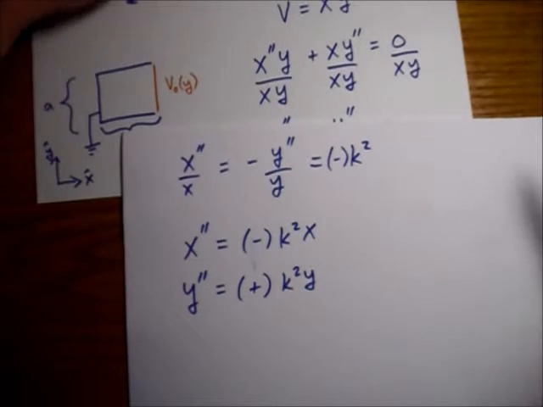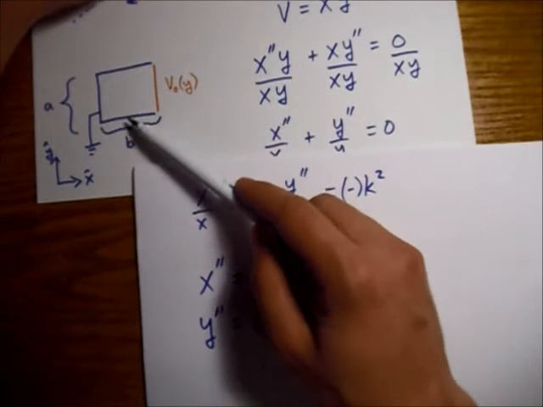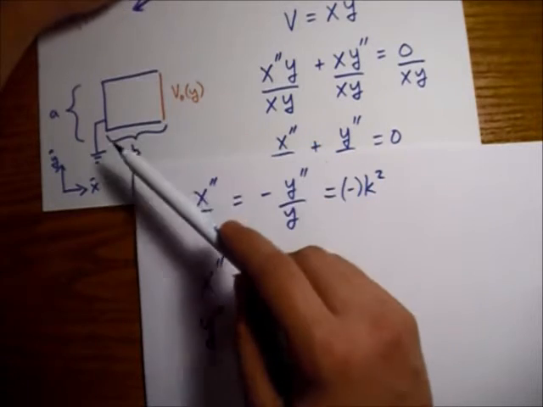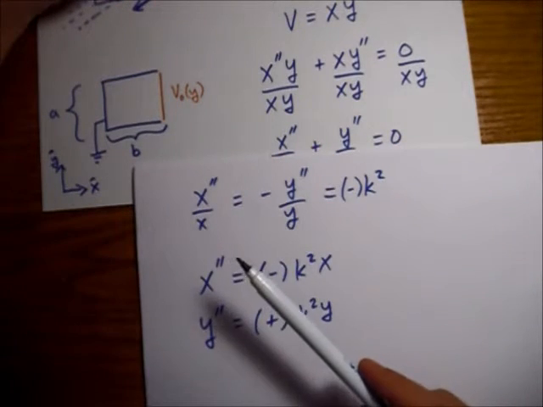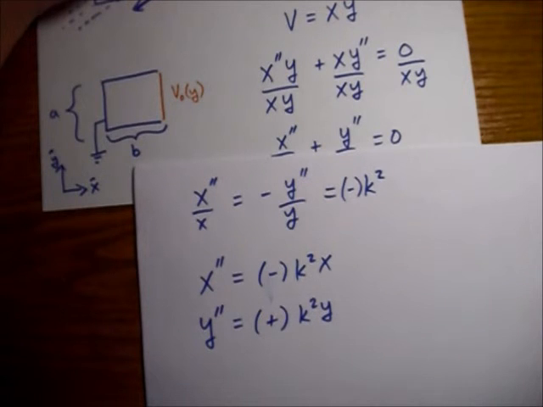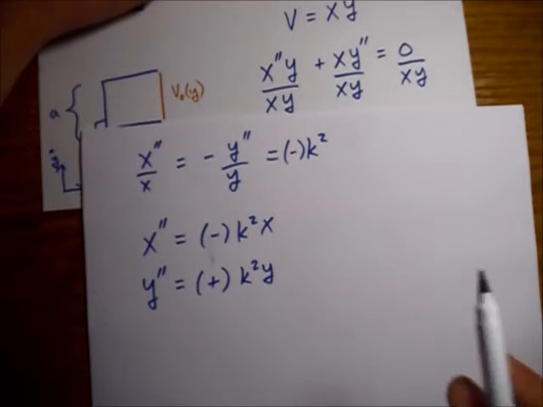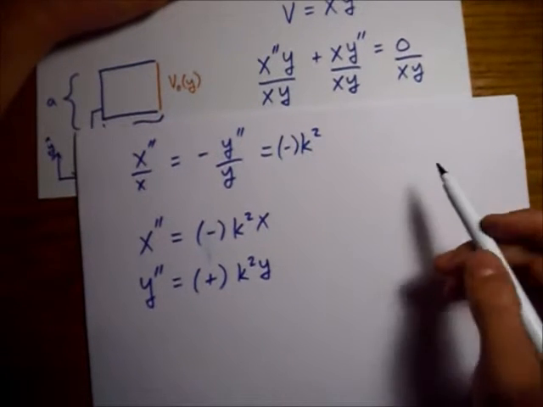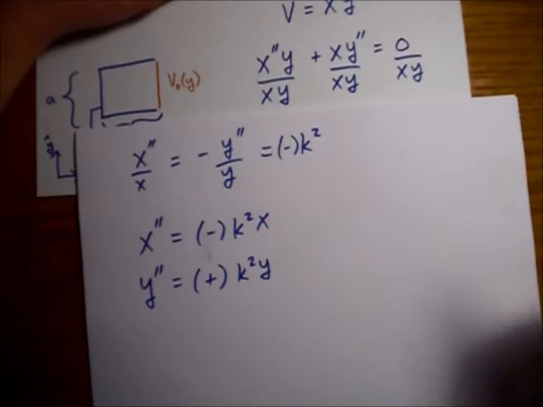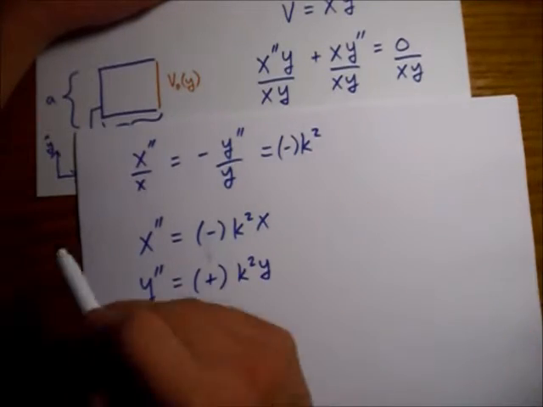Basically, when we have these two conditions, when it's 0 on two boundaries, we're going to use our trigonometric functions. If you don't believe me, just try the exponentials and see what you get. You'll just end up with a mess and it won't work out.